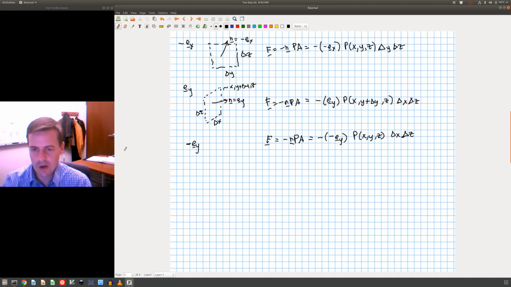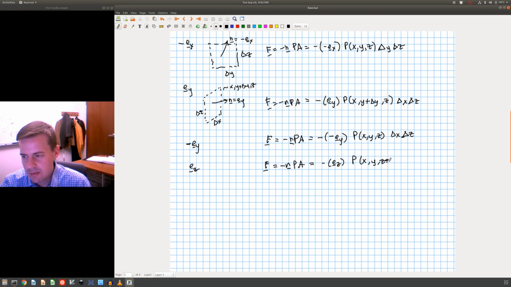Okay, so now I can write the last two in the Z direction. In the Z direction, force is minus N P A equals minus e_z P of x, y, z plus delta z, delta x, delta y. Do you see the pattern here? Same as this one, analogous, e_y, e_z.